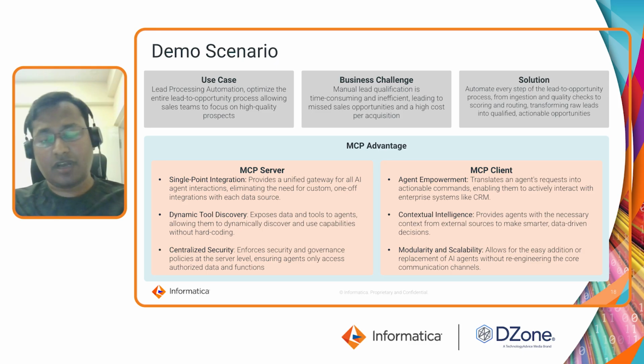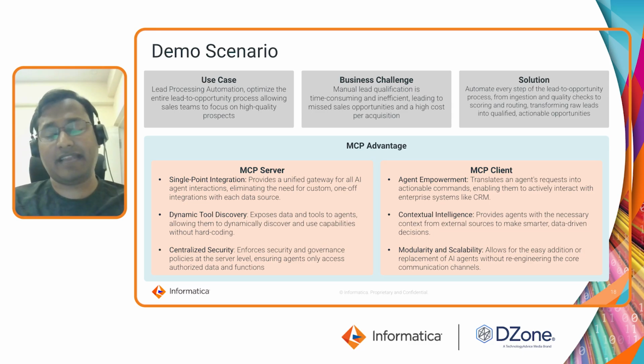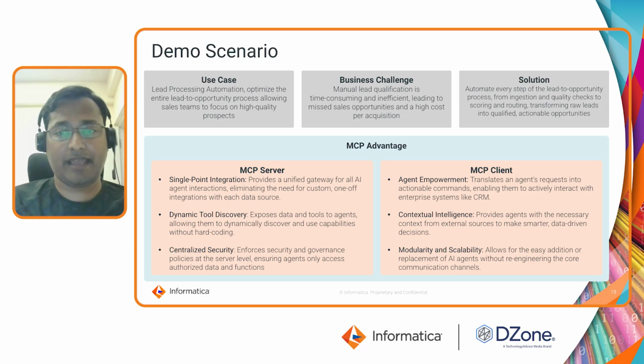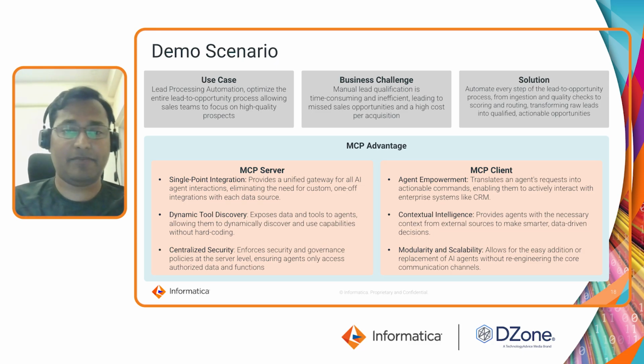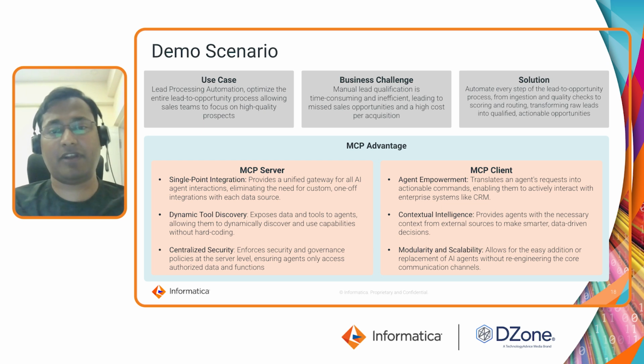And when we talk about the client, this also adds great value because when these agents become empowered by these different MCP servers, they have access to different applications which otherwise would have required manual hard coding. At the same time, they have enough contextual intelligence to cater to different varieties of user queries.